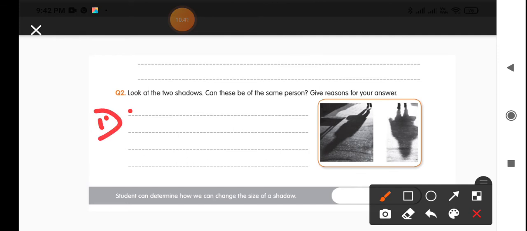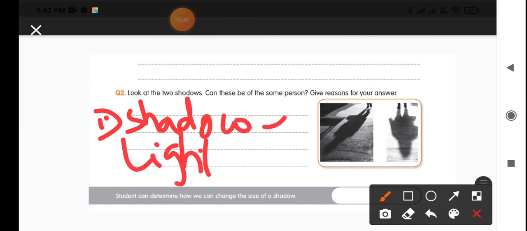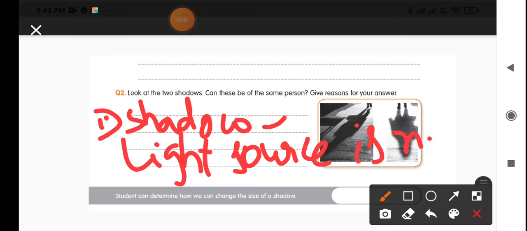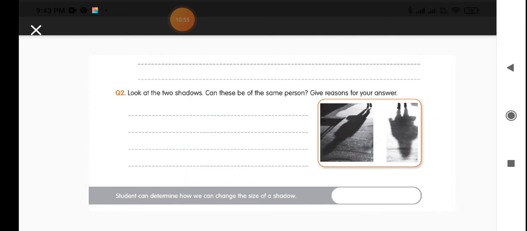In the first shadow, the light source is near, very near. That's why the shadow is big.